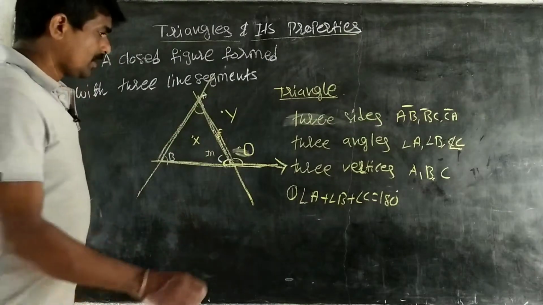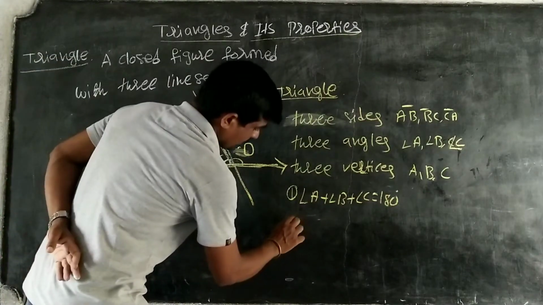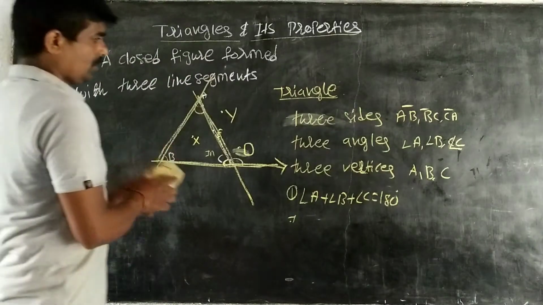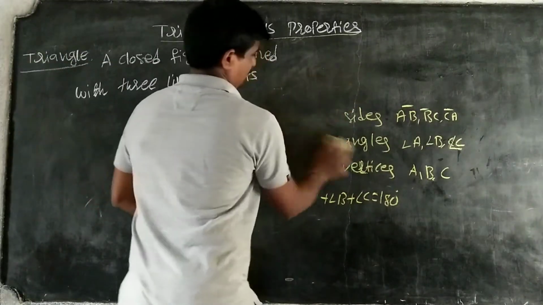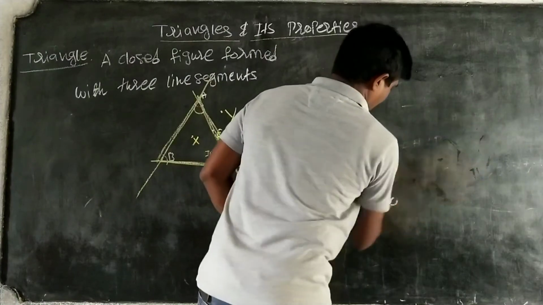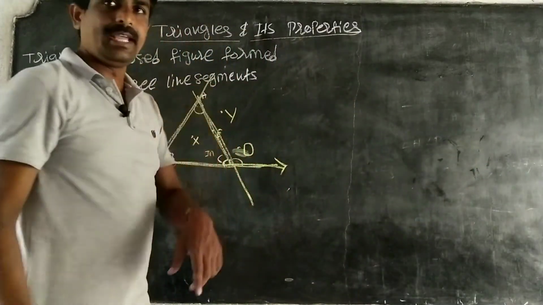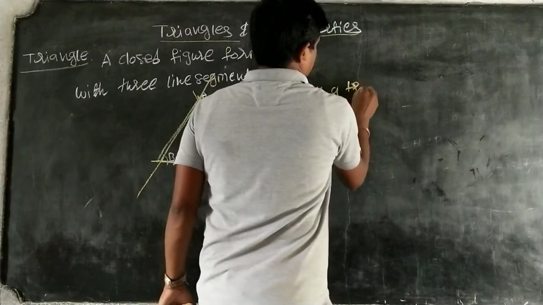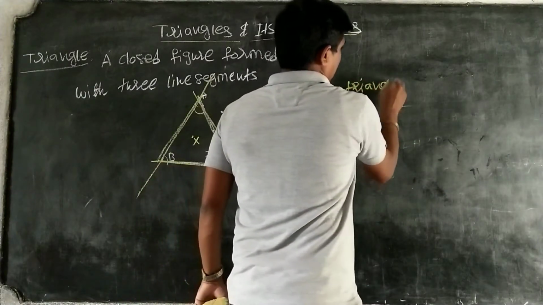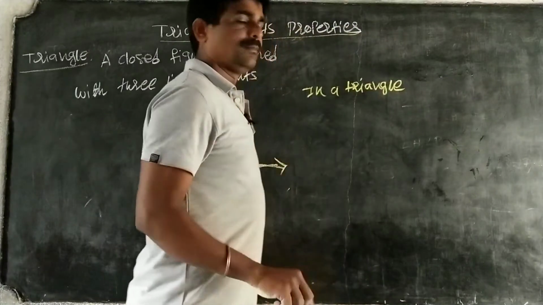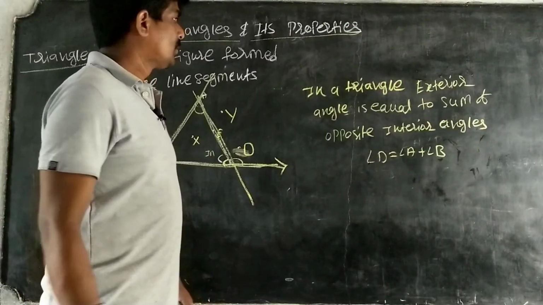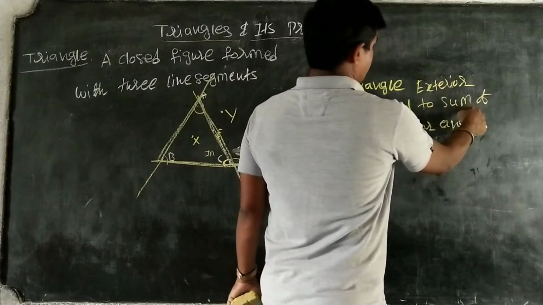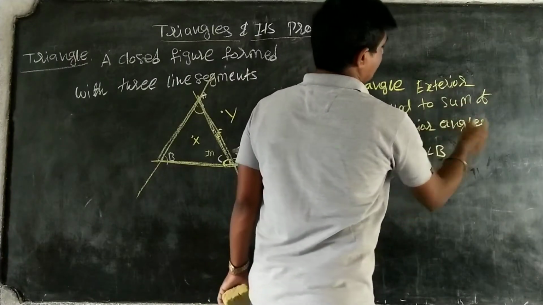Understand? So observe here. In a triangle, the exterior angle is equal to the sum of the opposite interior angles.